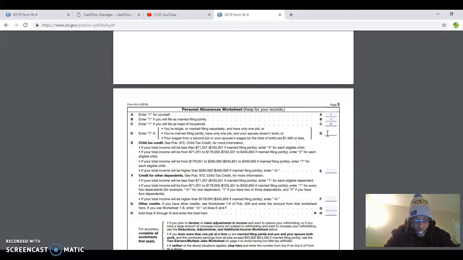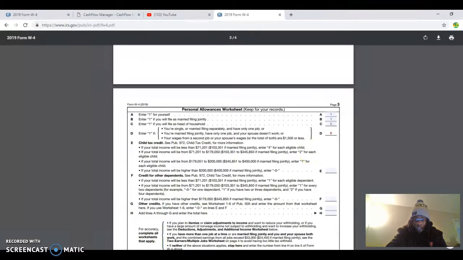And then if not, enter a 0. And then the last one is your wages from your second job or your spouse's wages, or the total of both are 15,000 or less. Okay. So if any of that applies to you, enter 1. Then the next one, I'm gonna enter a 0 right there.